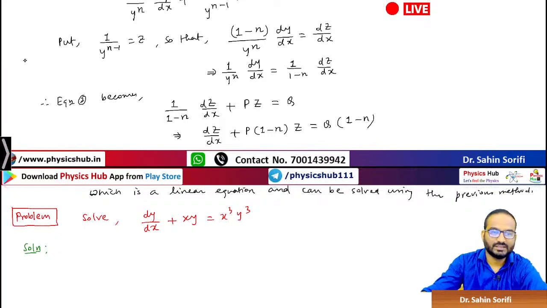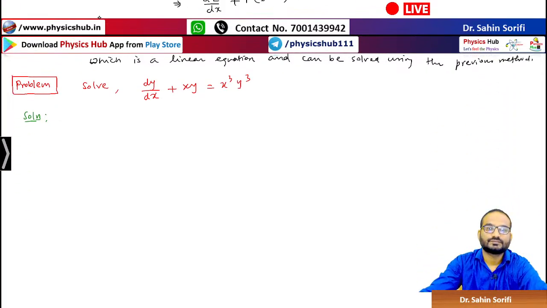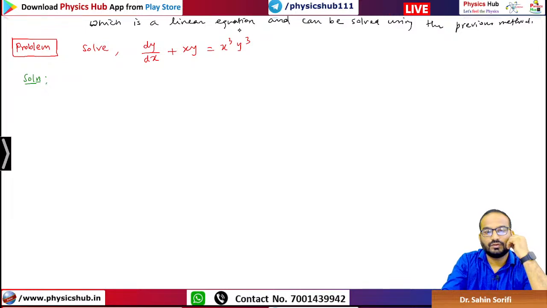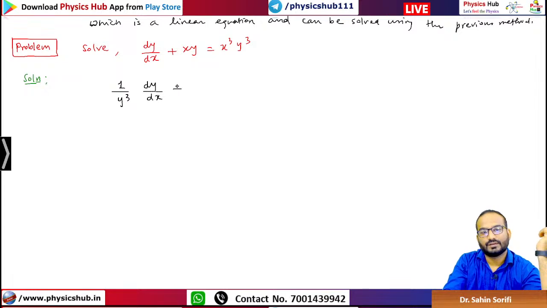What will be our first task? You have to divide by y to the power n. Here y to the power n is y cube. So 1 upon y cube dy by dx plus x by y square is equal to x cube.